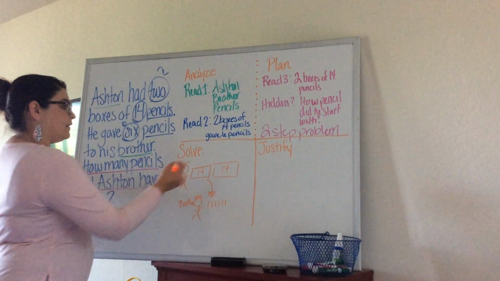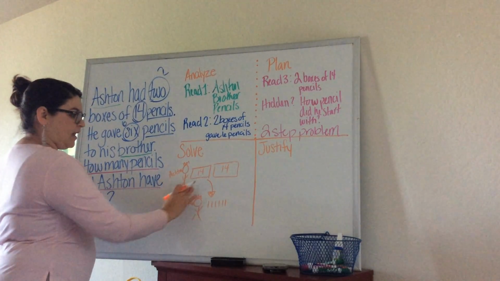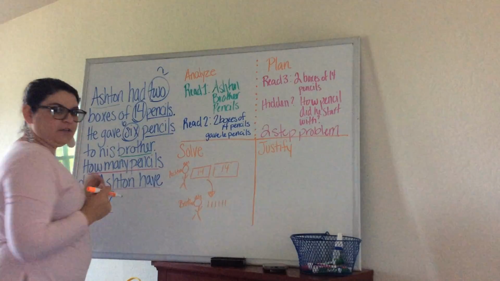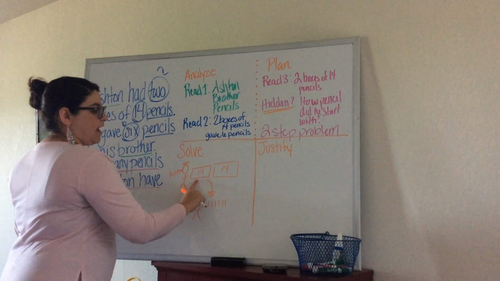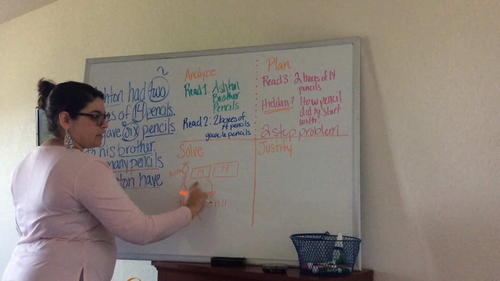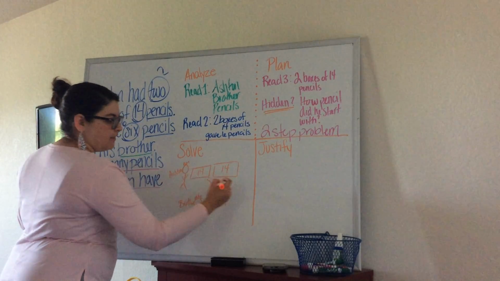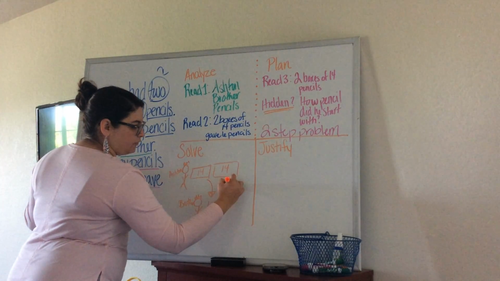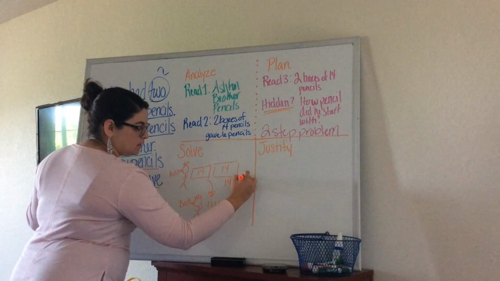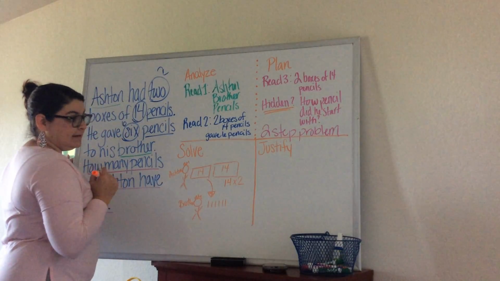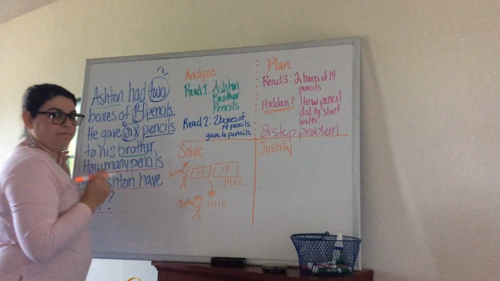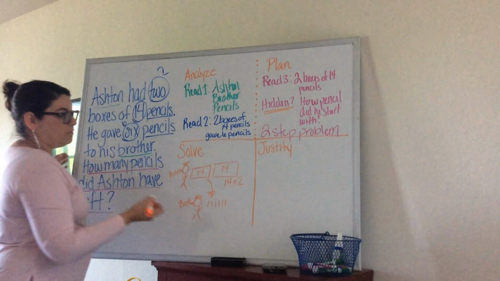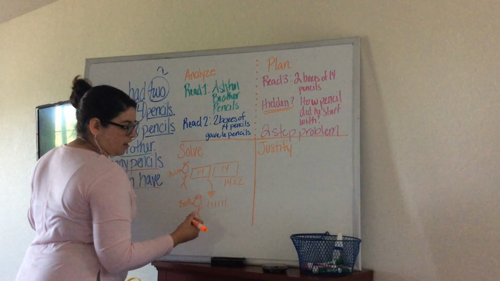So when I think of this, I'm going to have to do something to figure out my total. That was my hidden question over here. So if I have 2 groups of 14, that means I have to do 14 times 2. Now, your teachers have taught you lots of ways to multiply. Miss Morales is going to multiply using partial products.